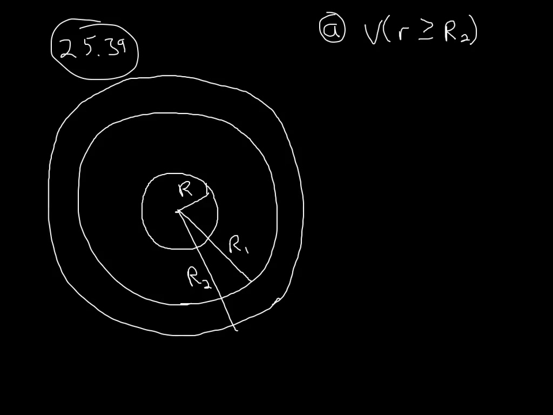So the first part, we need to find the potential when R is greater than or equal to R2. We can draw a Gaussian surface because, as I mentioned, the key is going to be finding what the electric fields are in each of these situations. We need to know the electric field for R greater than or equal to R2. To find this, we can use Gauss's law.